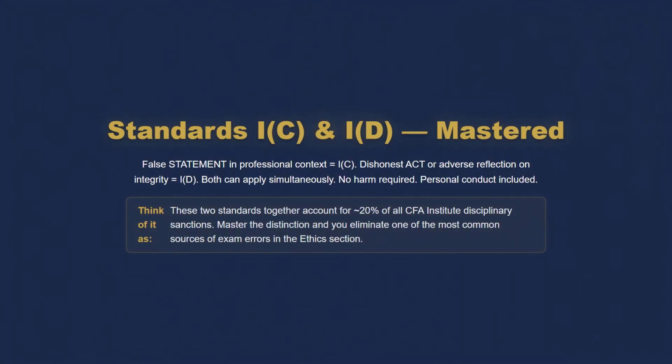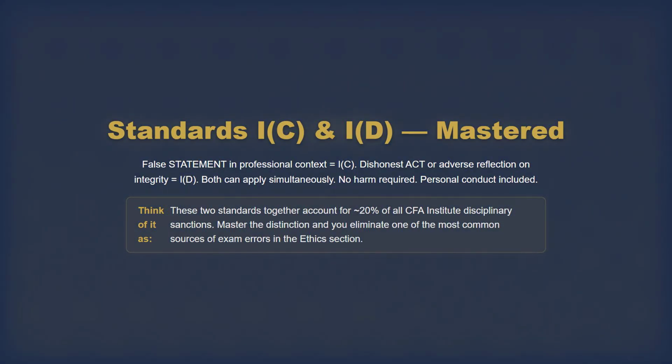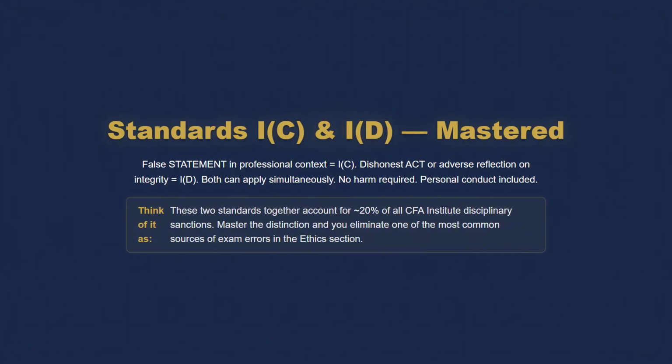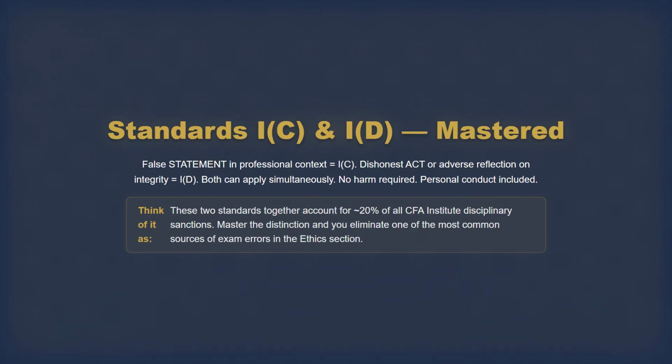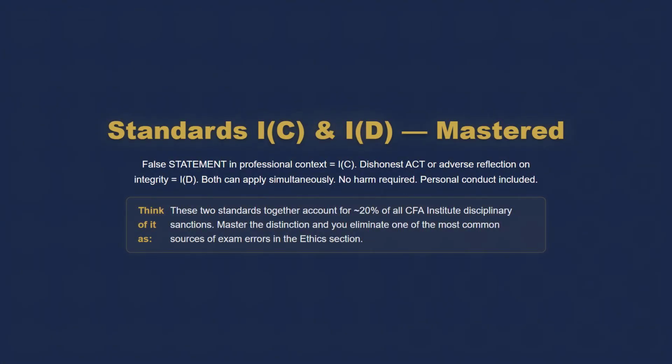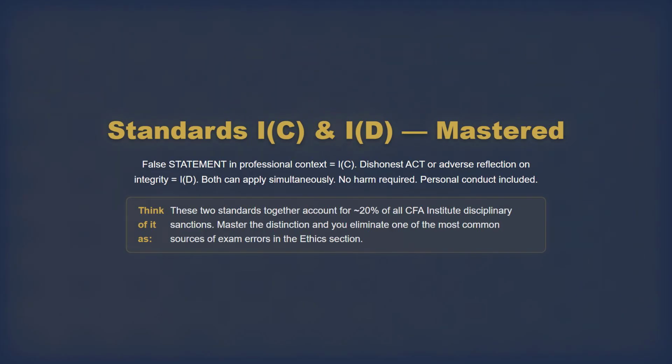Dishonest act or anything reflecting adversely on your professional integrity, that is I(D). Both can apply simultaneously. No harm is required. Personal conduct is included. Paraphrasing is plagiarism. CFA designation is all or nothing. If this was on your exam tomorrow, you would get it right.